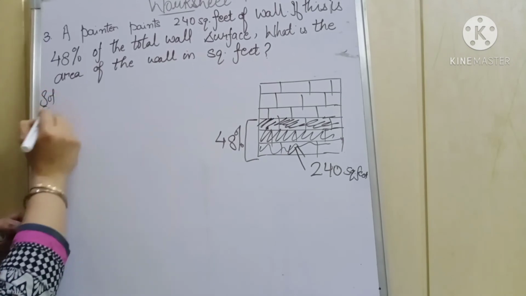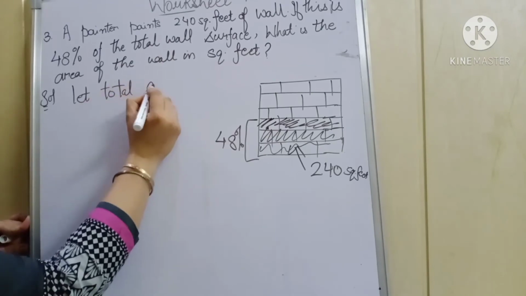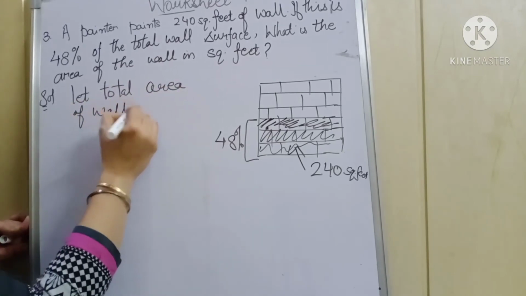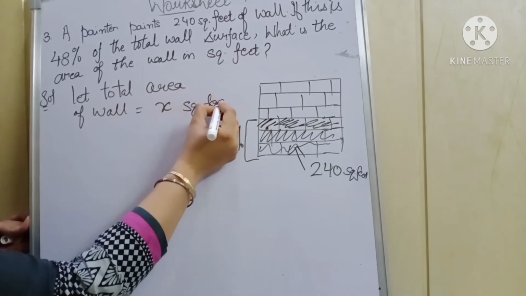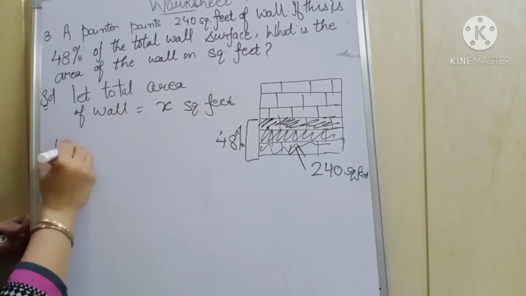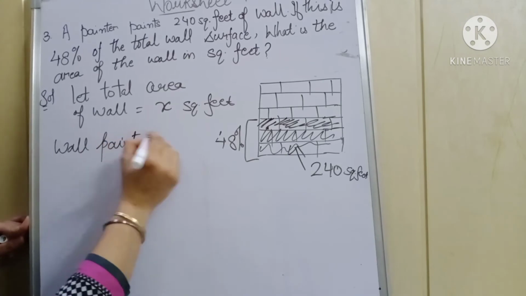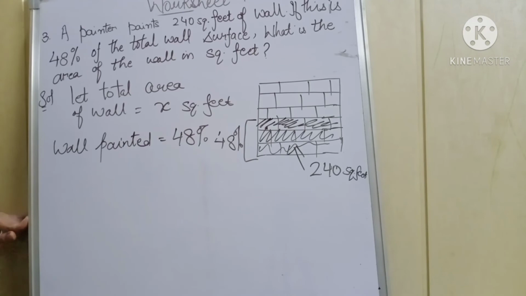Let us solve. Let total area of wall be equal to x square feet. Wall painted is equal to how much the painter painted? 48%.